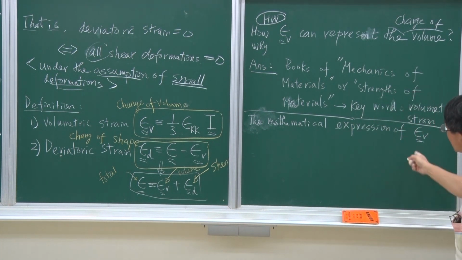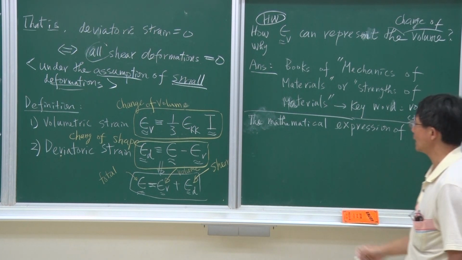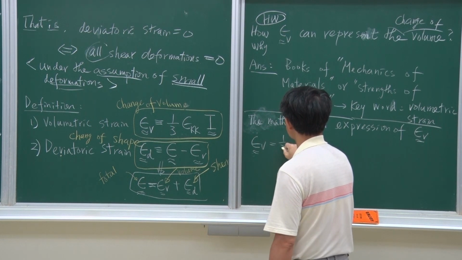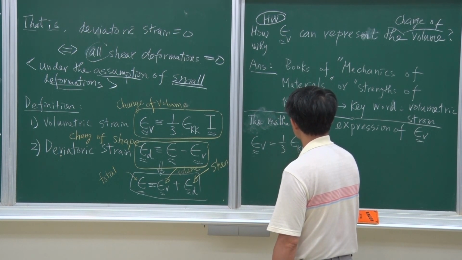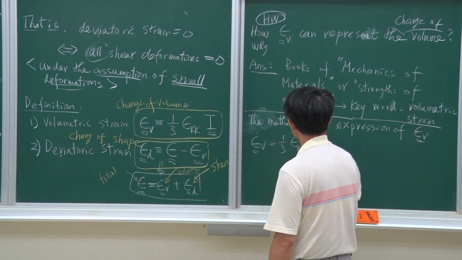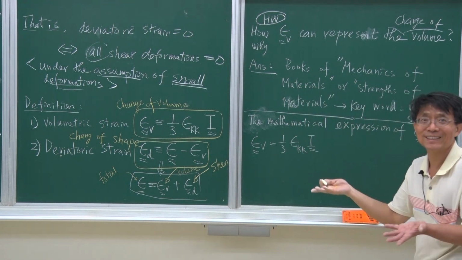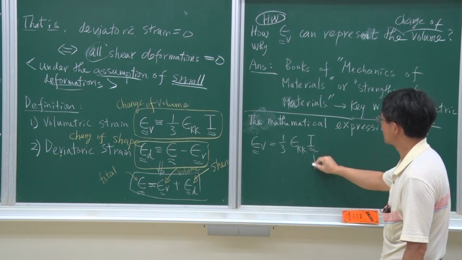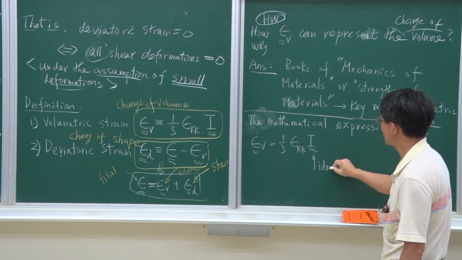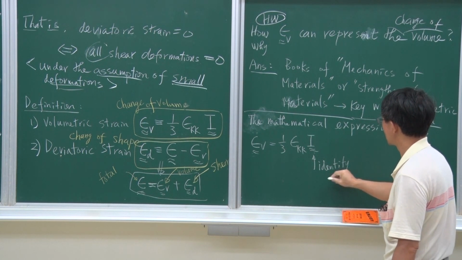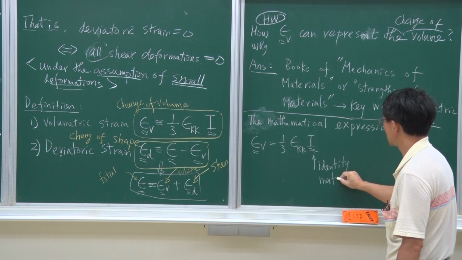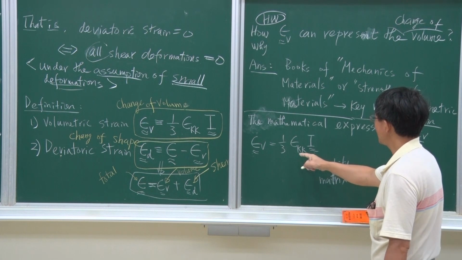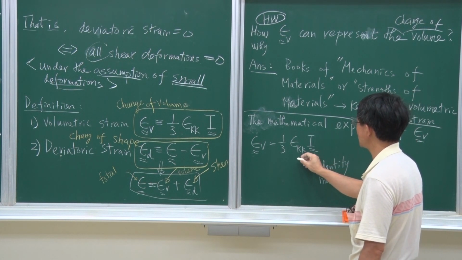Volumetric strain. What is the mathematical expression? Let me write it here. What is this? This is the identity matrix. And this one is what?